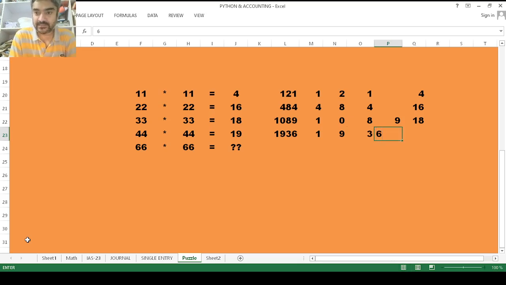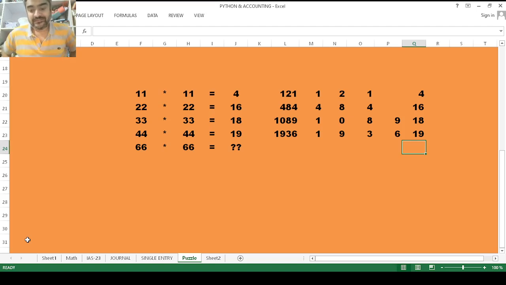Now let's add these numbers: 1 plus 9 plus 3 plus 6. Here comes 19. So my dear friends, this is the pattern.